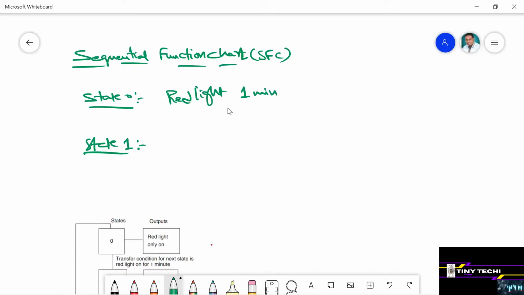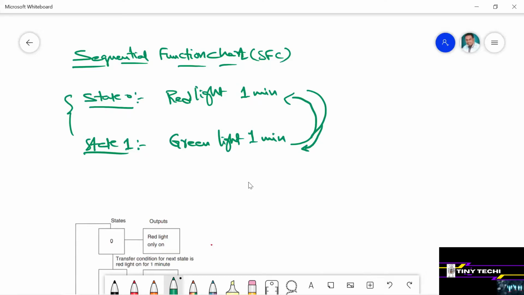After that, in state 1, the green light will be on for 1 minute. So there are only two states here. After state 1, it goes again to state 0, and later to state 1. Okay, this is a cyclic manner. This operation is called a sequential operation.